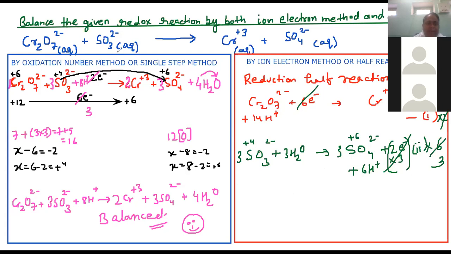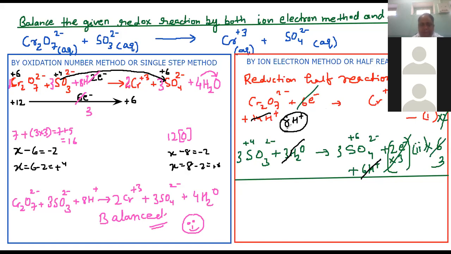Now, if you combine both the reactions, if you add the LHS and RHS, you will find that 3H2O will cut 7H2O and will become 4H2O. 6H+ will cut 14H+ and will become, sorry, 8H+.